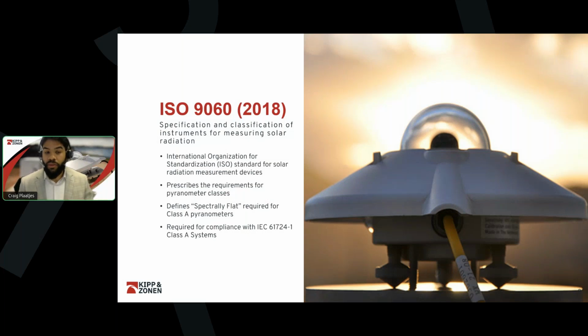And this matters because the spectral composition of sunlight changes with atmospheric conditions and cloud cover and sun angle. And so if you have a sensor that is more sensitive to some wavelengths than others, it will produce a bias that varies with these conditions. And this is very hard to detect and almost impossible to correct.